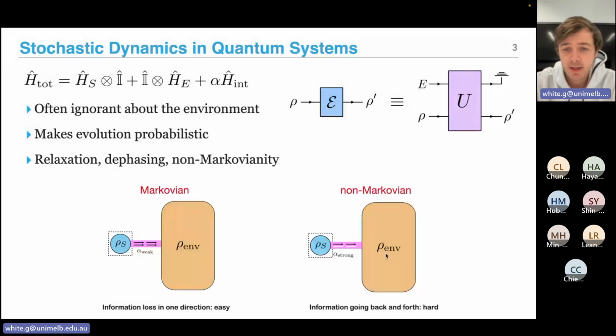The environment will sit on that and digest it for a few moments, and it'll send information back in, which depends on the gate that you applied at the earlier time. This generates a temporal correlation between what you did to the system as the experimenter and future dynamics. This sort of noise is much more difficult to understand and to characterize.